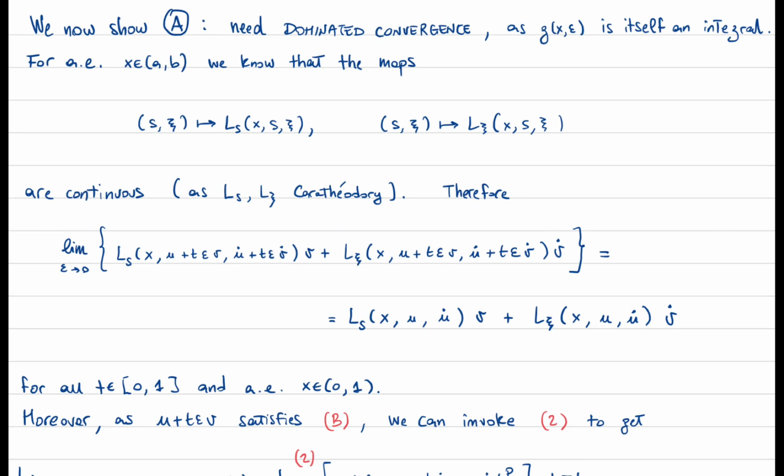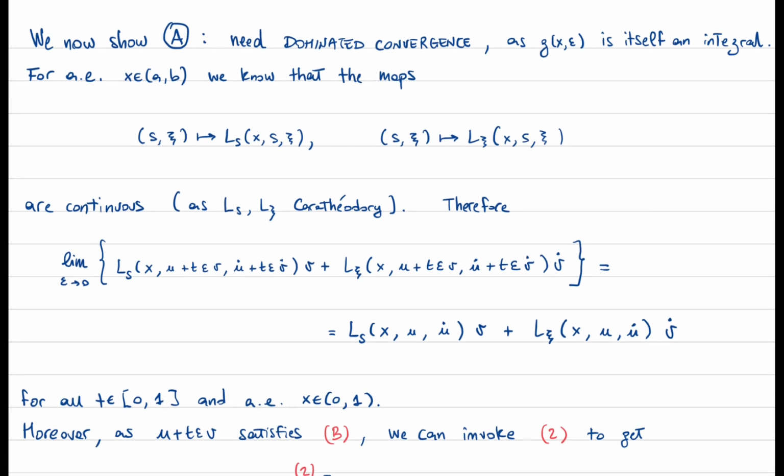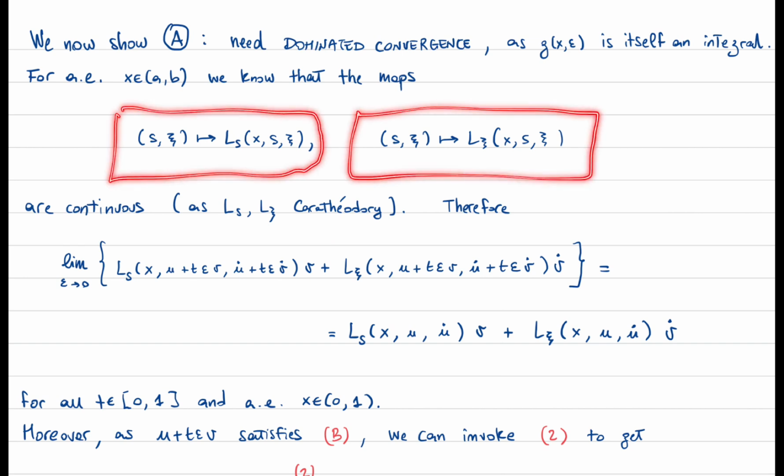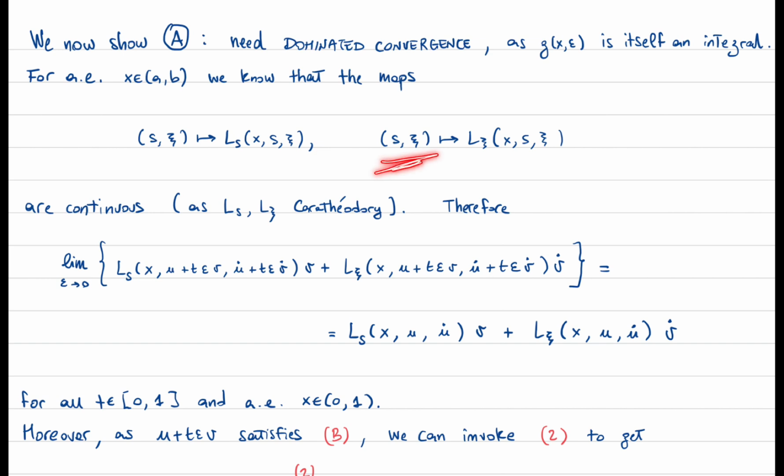To show A, the pointwise convergence, we need dominated convergence because g_x(epsilon) is itself defined as an integral. We already know that the maps here are continuous because L_s and L_xi are Carathéodory, and so they're continuous when you freeze the argument x and you look at them as functions of s and xi.